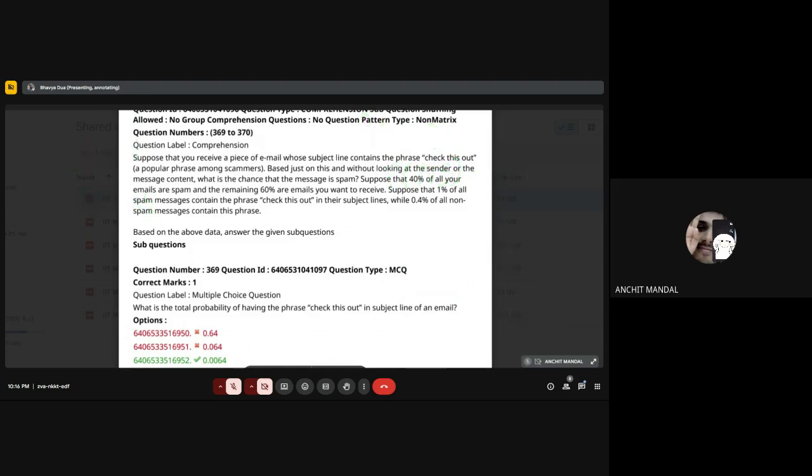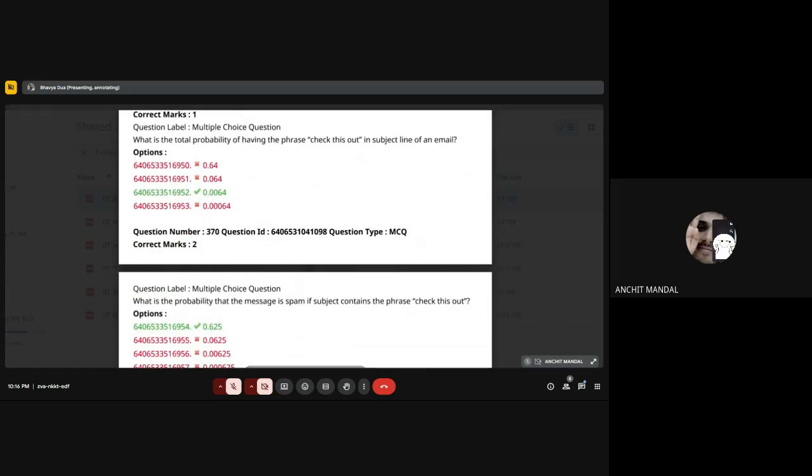Probability of the message being spam if the subject contains the phrase 'check this out'. So now we have to find probability of spam given phrase. This is going to be probability of phrase given spam into probability of spam, divided by probability of the phrase being present, which we know is 0.0064.